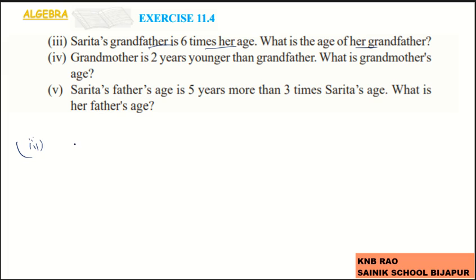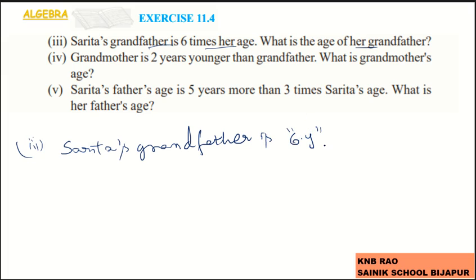Hoping that some children require my help, I am writing: Sarita's grandfather is 6 into y, because her age is y and 6 times, 6y years old. Okay, a simple sentence, same thing I took and I placed, 6y years old. That is logically how to take this, you know.